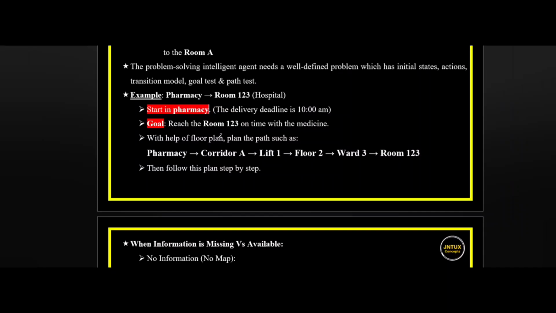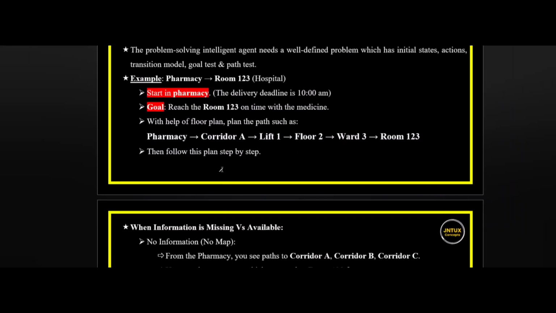With the help of a floor plan, you plan the path: first pharmacy, then corridor A, then lift 1, then go to floor 2, and there go towards ward number 3, and then you reach room number 123. You have to follow this plan step by step to reach room number 123 from the pharmacy by 10 a.m. with the medicine.